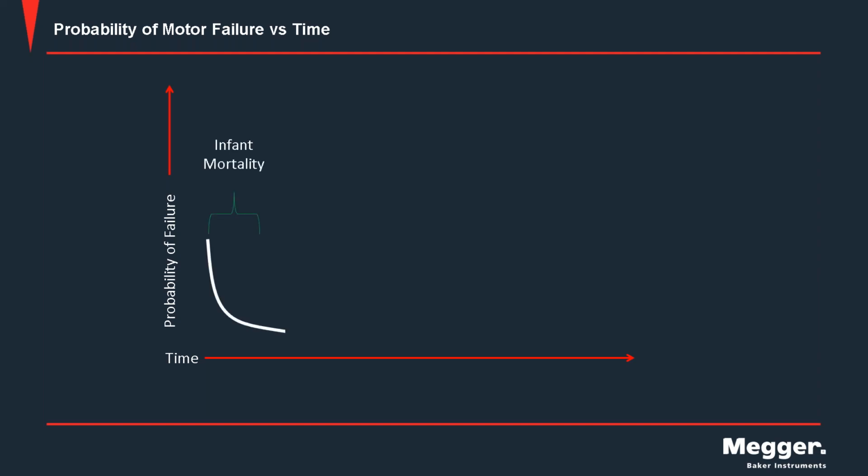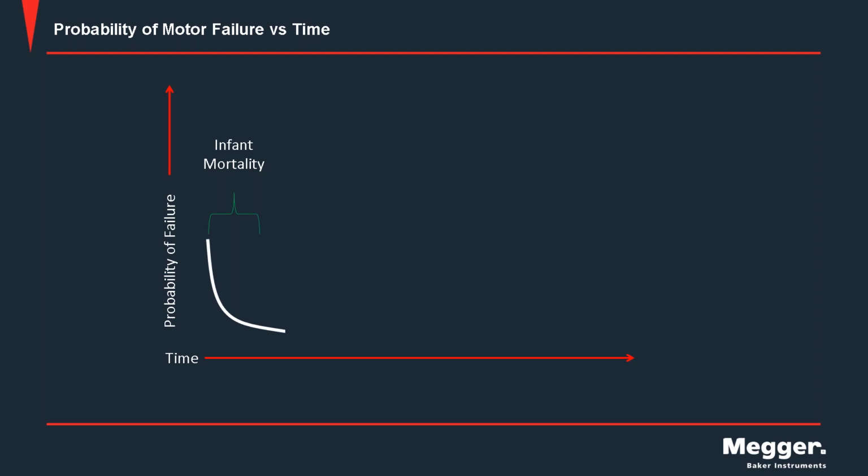At the beginning of life, we call this period of time the infant mortality period. At the beginning of a motor's life, it's more likely to fail.